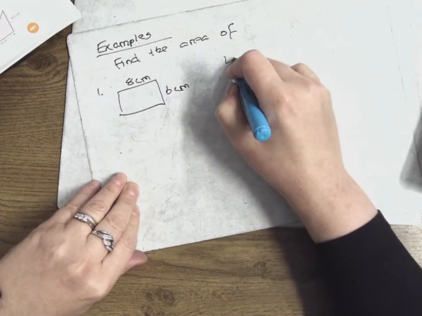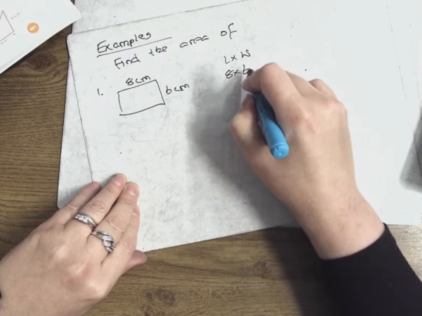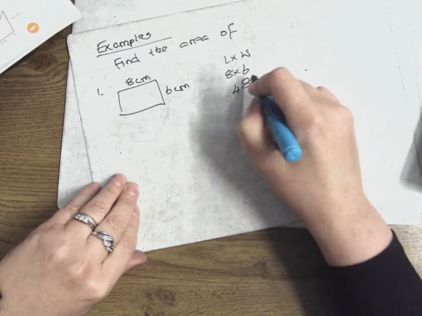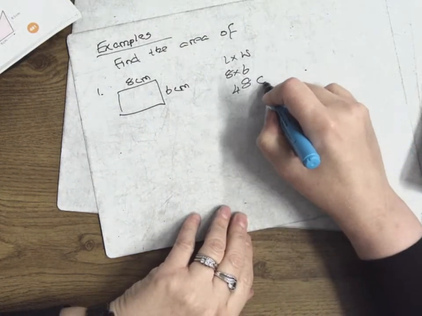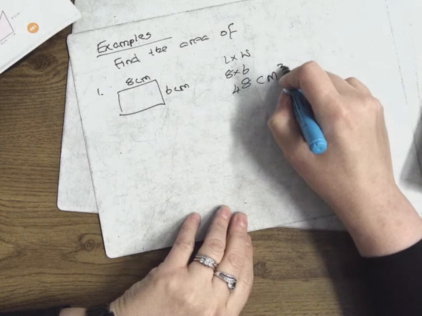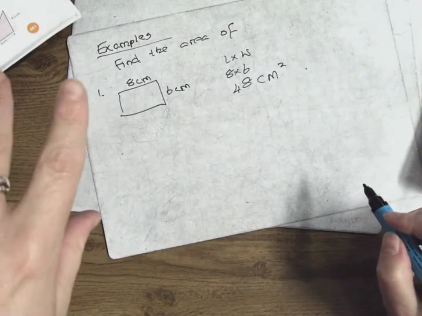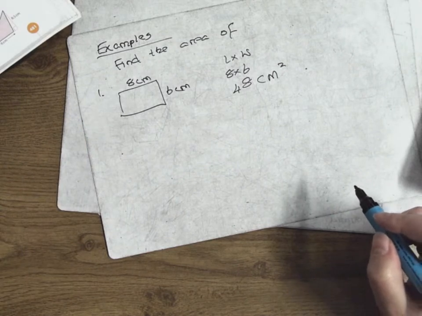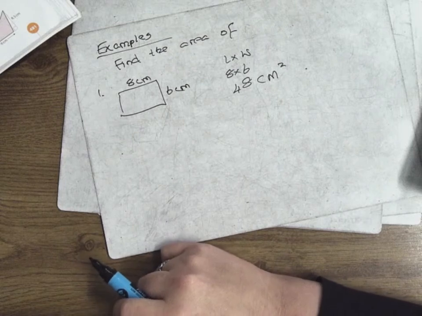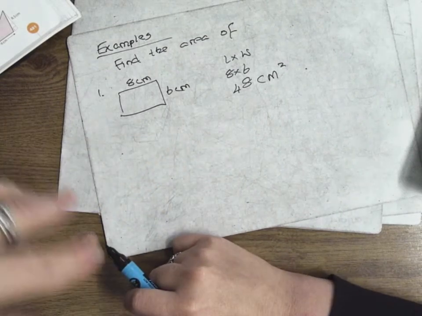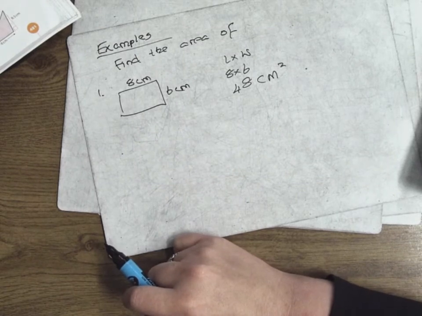So it's length by width, which is 8 by 6, which is 48. And the unit, girls, do you know the unit of area? Centimetres squared. Area and volume in this chapter, you have to give units. If they give you units, you have to give units back. You'll only lose 1 mark, but marks are hard to come by, so don't lose it. Centimetres squared, metres squared for area, centimetres cubed, metres cubed for volume when we come on to it.